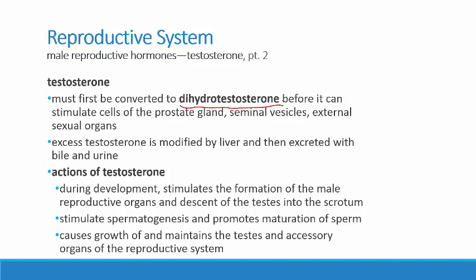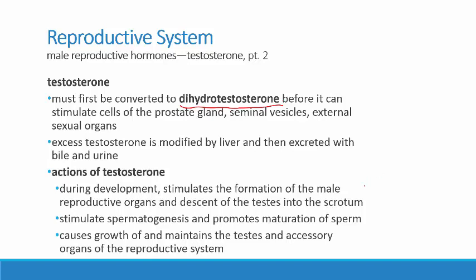And so at puberty, we'll see an increase in the size of all of these organs in response to testosterone. Any excess testosterone that's produced is modified in the liver and then excreted along with bile and in urine.